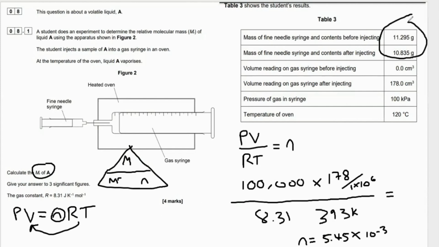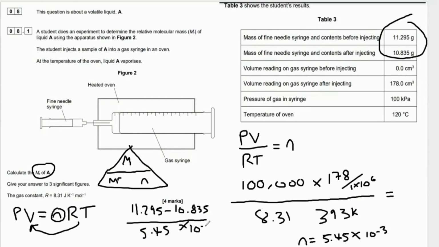We have the mass before injection, the mass after injection. Let's whack that in. So we can just do 11.295 in your calculator, subtract 10.835, smash that over the top of the MR, the moles, which was 5.45 times 10 to the minus 3.